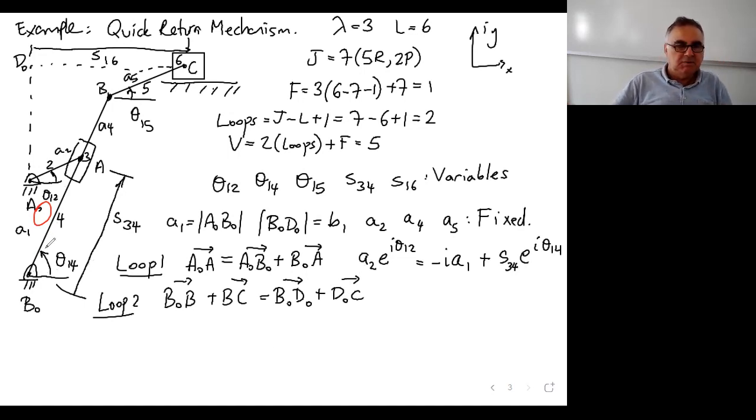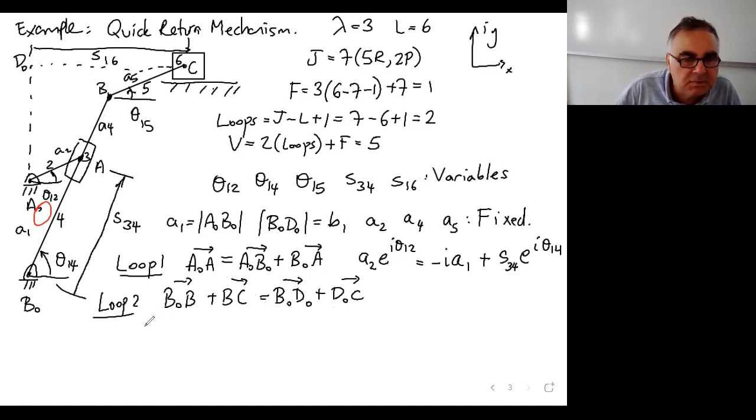B0B, this one, B0 to B, plus BC is equal to B0D0, with this whole thing from here to here, and D0C, which I can write as following.